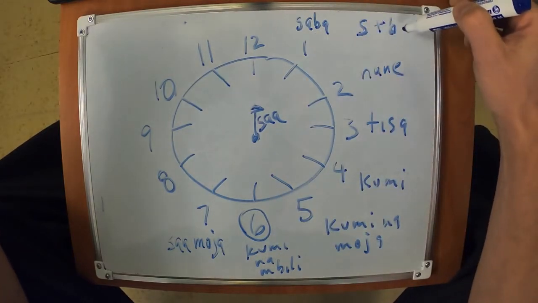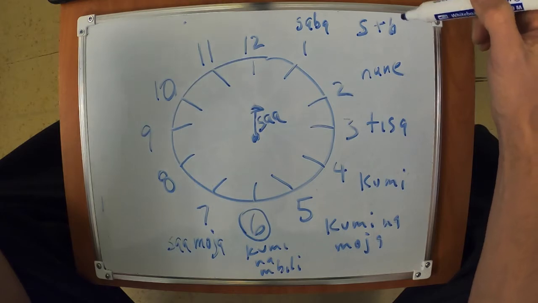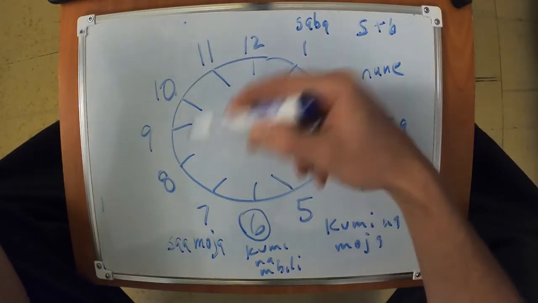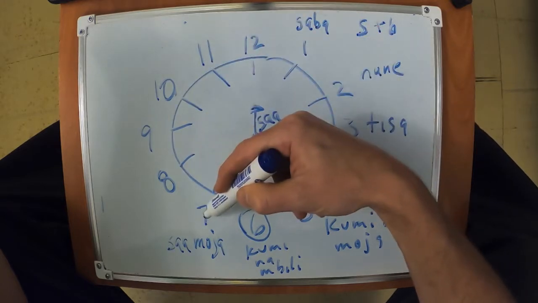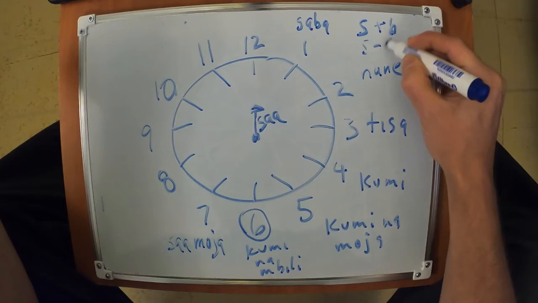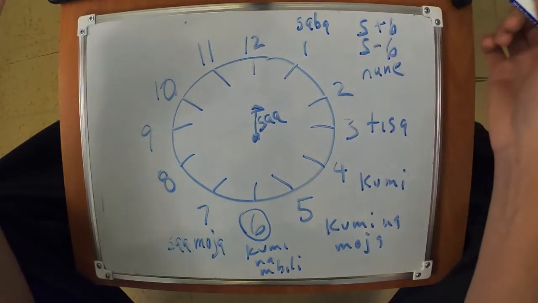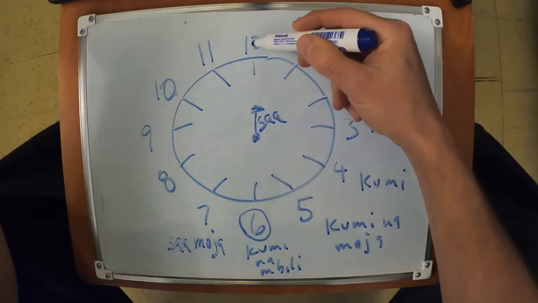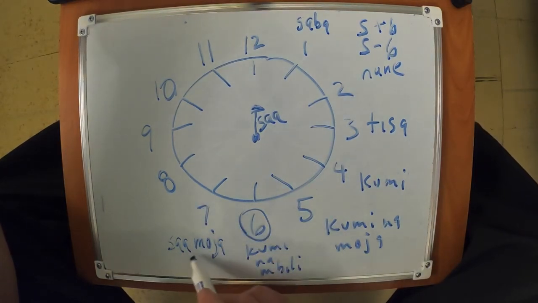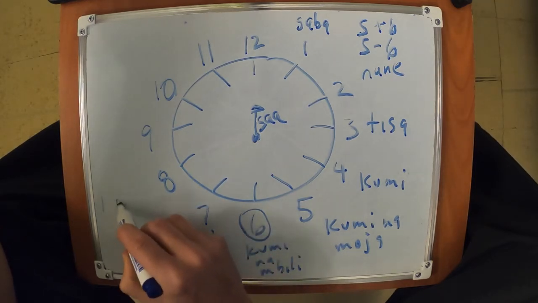So anything above 6, so from 11 or from 12 down here to 7, you can take the hour and subtract 6, and that'll give you the hour in Swahili. So let's start here on the 7. 7 minus 6 is moja, 1. 8 minus 6 is mbili, so sa mbili. 9 minus 6, tatu.